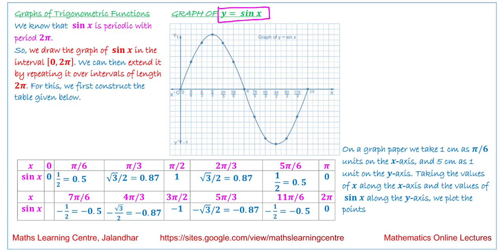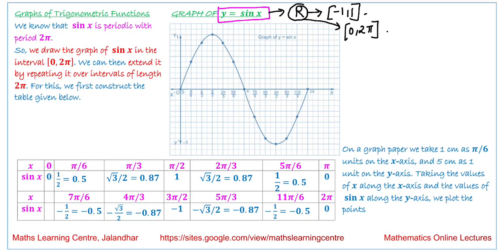To plot this graph, we know the domain of the function sin x is R, and the range of this function is from -1 to 1. So in place of drawing the graph of the function for all the real numbers, we are restricting to draw the graph in the interval 0 to 2π, because we know that the period of the function sin x is 2π.